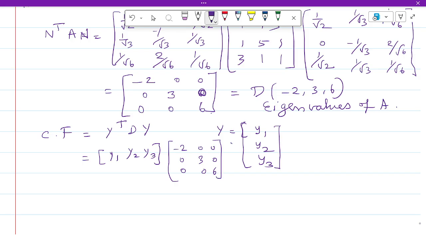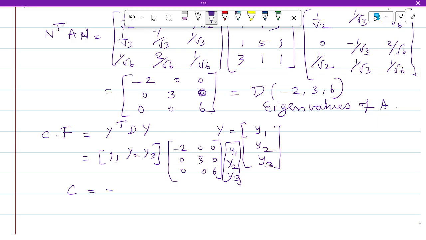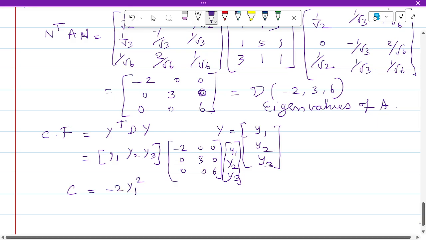If you multiply this, you get the canonical form C, where only square terms are there: minus 2 y1 square plus 3 y2 square plus 6 y3 square. So this is the canonical form.